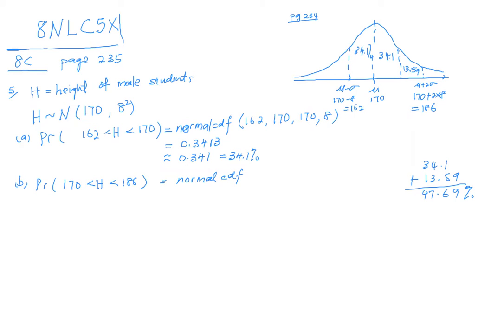So we have a graphic calculator, so we can just get the answer. Yeah. So we have normal CDF, lower, upper, mean, and standard deviation. Yes, I think you added it up wrongly. It's 34.13, not 34. I didn't put the 3, correct? Yeah.